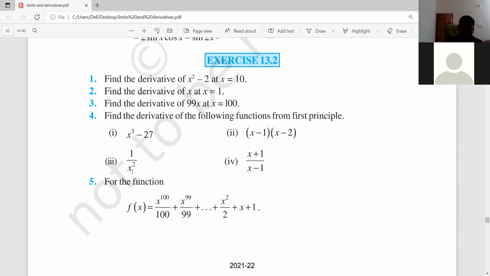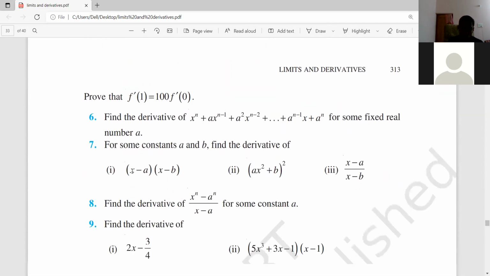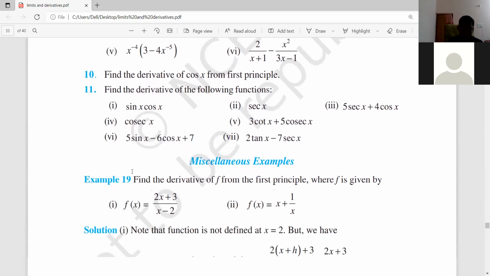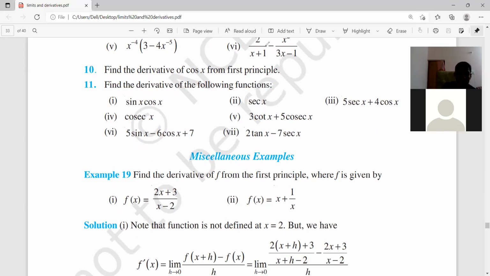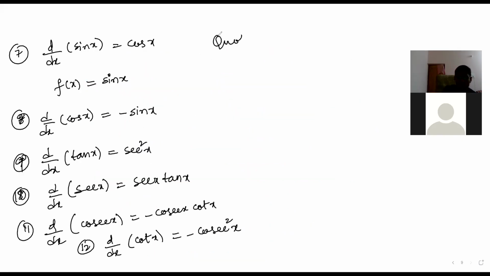Next, 3.2. What shall we do is, product rule and quotient rule.